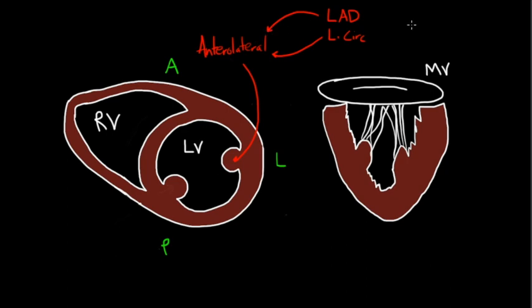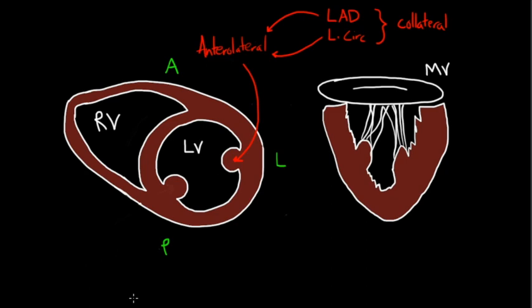So this is useful to consider in that there's actually collateral flow here. So let's say one of these vessels gets knocked off, at least you have the other one providing some blood supply to perfuse this muscle.